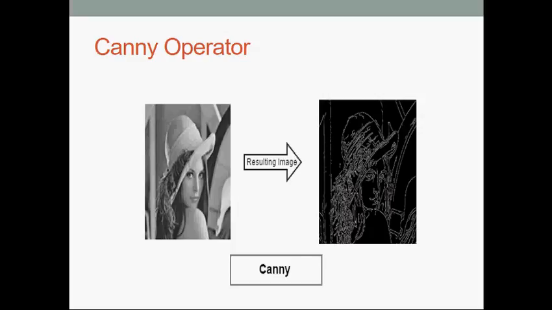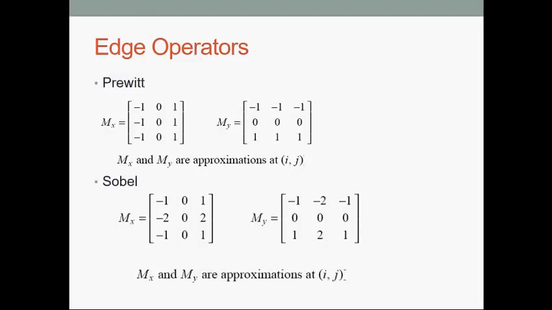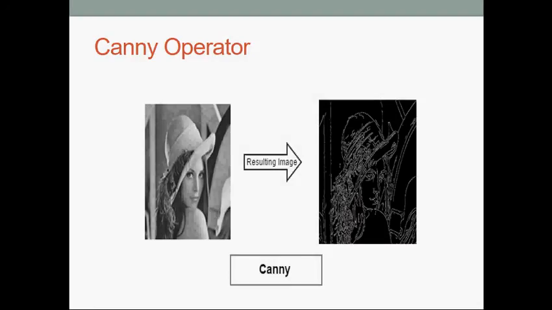What happened in this operator is Canny defined that the other operators like Prewitt and Sobel are placed on an image, but the Canny operator used a Gaussian filter to smooth out the noise first and then applied a gradient based approach to get this result. And this result defined by Canny is the most efficient of any gradient based edge detector.